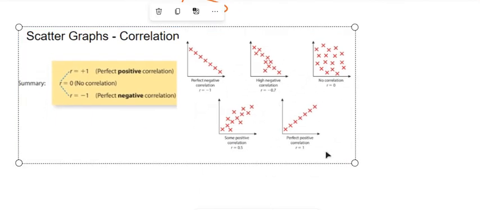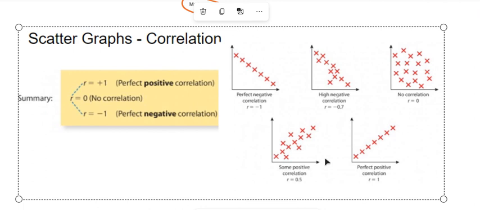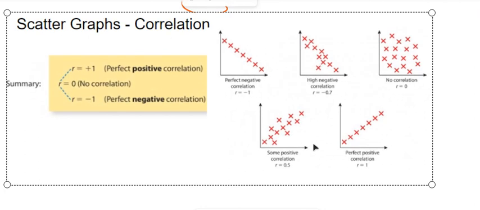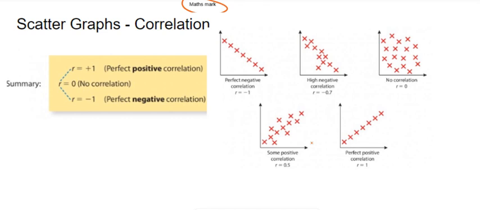Right, so last thing here. You can also be asked for a correlation coefficient. If you look at these ones here, if it's a perfect negative correlation, because they're falling from left to right, that is a correlation coefficient of -1. On the other side, this one down here is a perfect positive correlation.